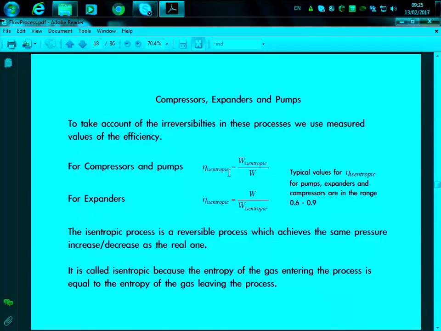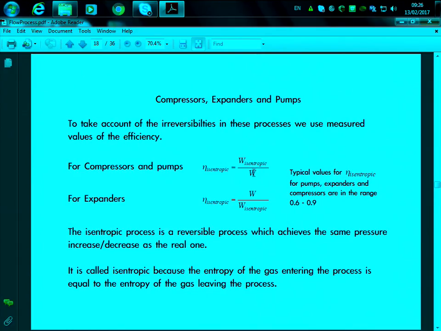So what does isentropic mean? Constant entropy. Constant entropy, and we say that when we say constant entropy, it's for reversible processes, right? So this is an assumption that we make. So we will first calculate the isentropic work, and then we will actually expect to know the isentropic efficiency in order to actually calculate the real work.